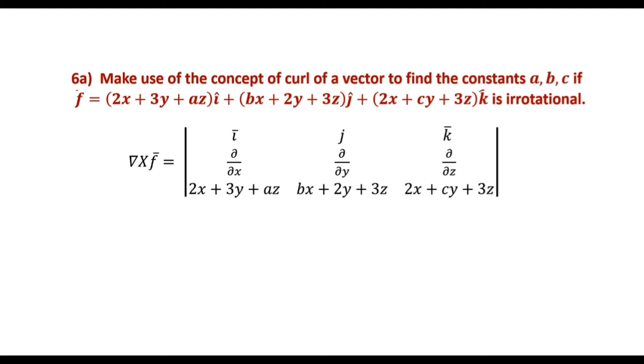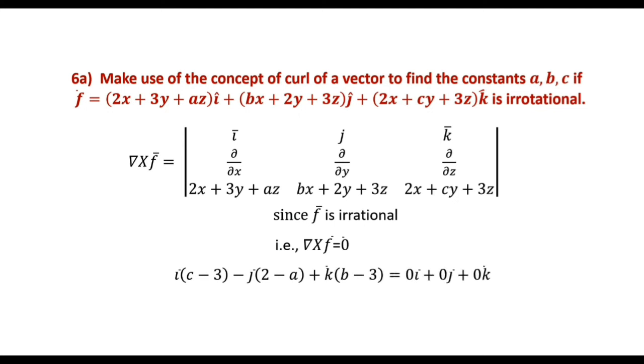In the first row we write unit vectors i bar, j bar, k bar. In the second row we write dou by dou x, dou by dou y and dou by dou z. Third row elements are the coefficients of i bar, j bar, k bar, and we know that f bar is irrotational. Curl f bar is equal to 0 bar, del cross f bar equal to 0 bar.